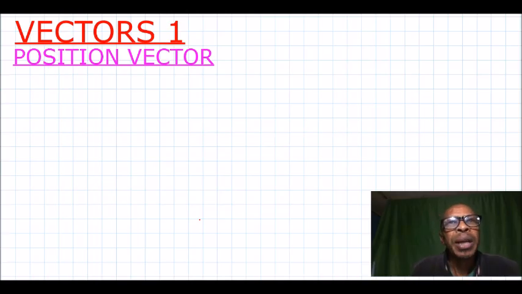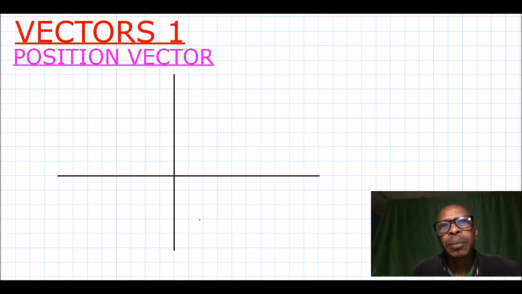So if we draw our Cartesian plane here, that is our Cartesian plane. Then we have y, and that is our x. We say 0, 1, 2, 3, 4, 5, 6, 7, 8, 9.